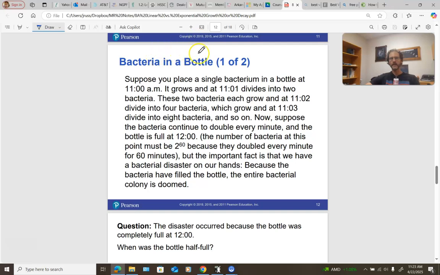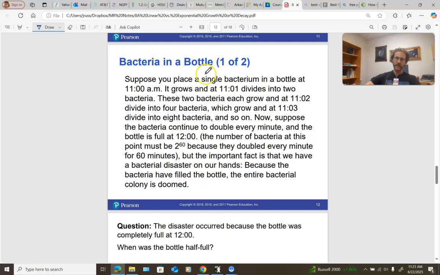I'm talking about bacteria in a bottle. There's lots of processes, guys, in the natural world that can be modeled using this idea of exponential growth or exponential decay. And the proliferation of bacteria is one of them.